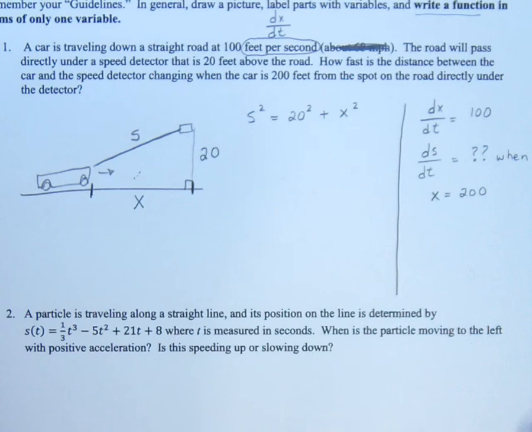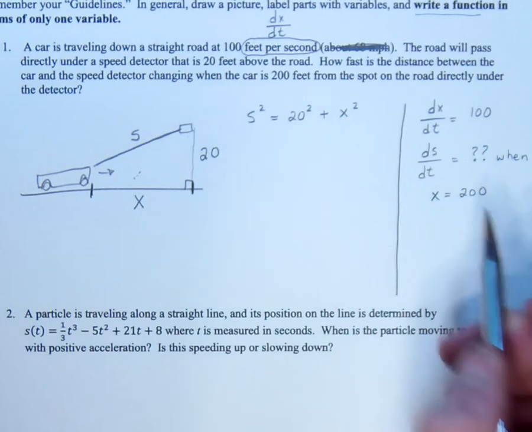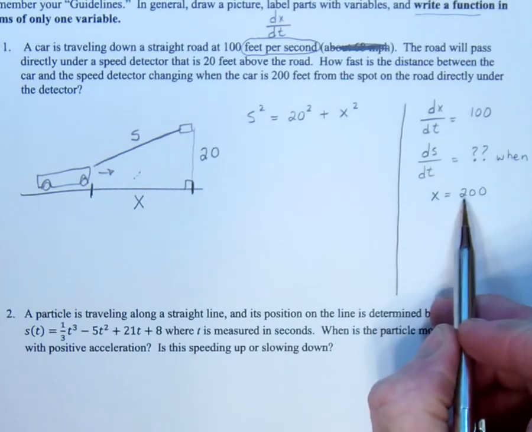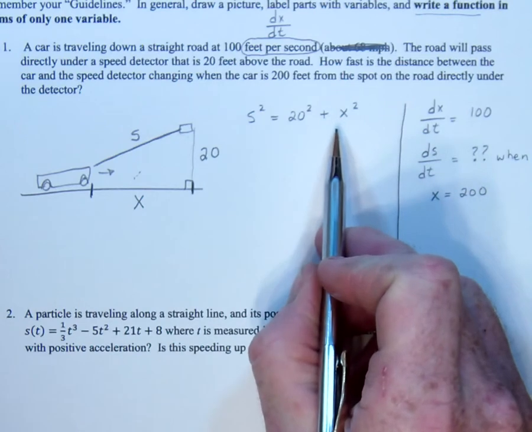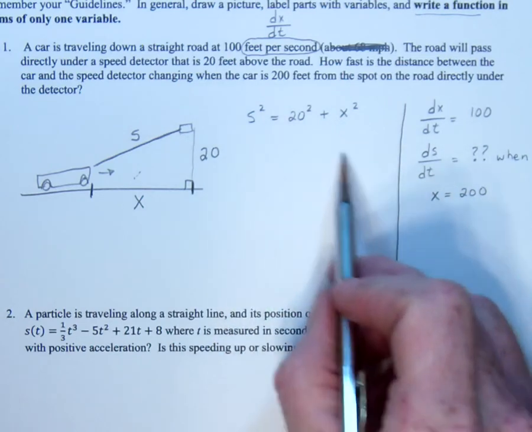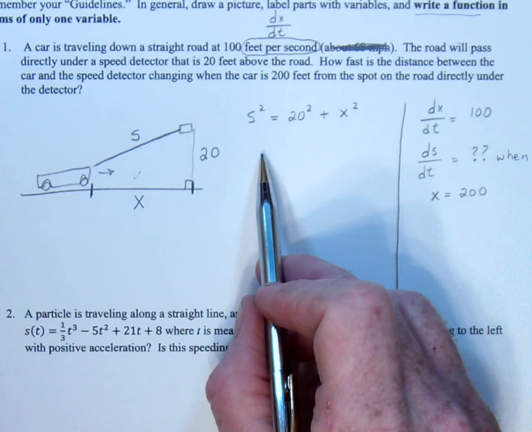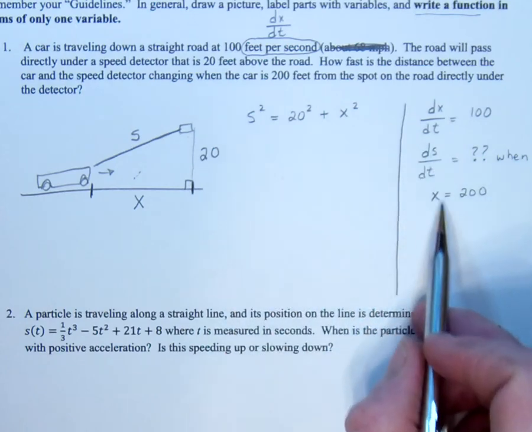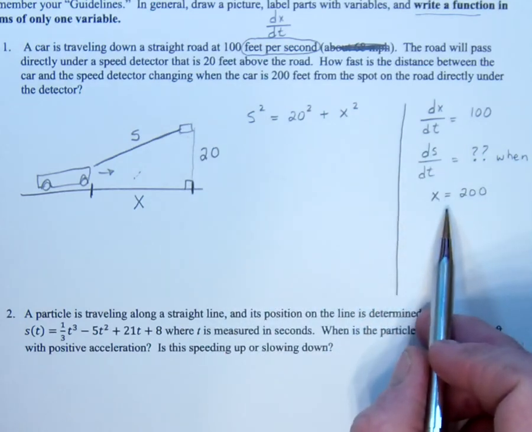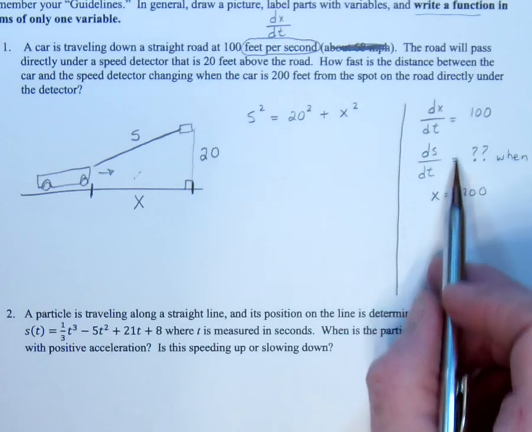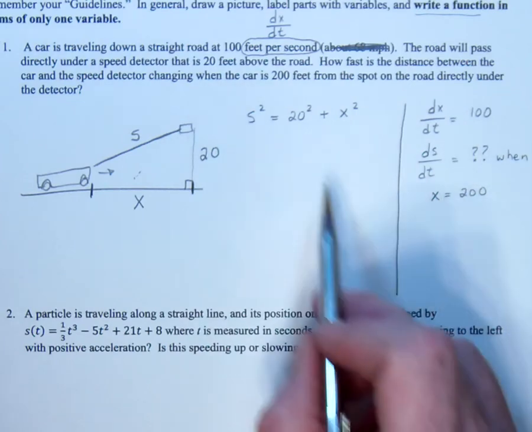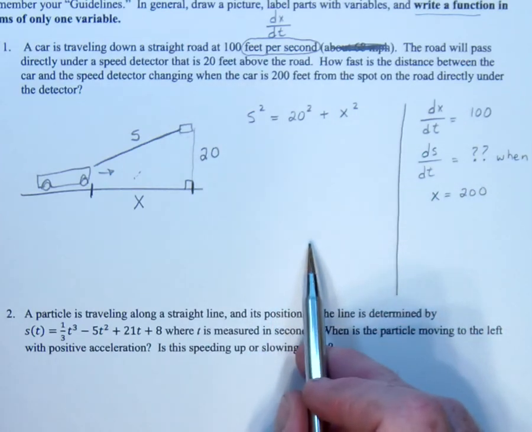Now, since we have the Pythagorean theorem, we can go ahead and substitute 200 in. I'm not going to do it over here because this space over here is for when I do the calculus and actually take the derivative. Over here, this is my numerical information. It's sort of like this is going to be my algebra over here. This is going to be my calculus over here.